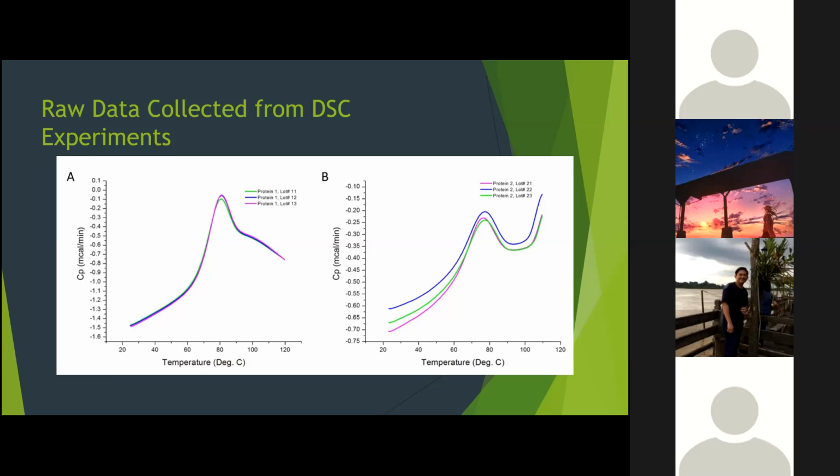Protein 1 has three structural domains that are cooperatively melting in the post-transition region of the thermogram. In graph B, protein 2 appears to aggregate more readily upon heating, resulting in an increase in heat capacity above 100 degrees Celsius.